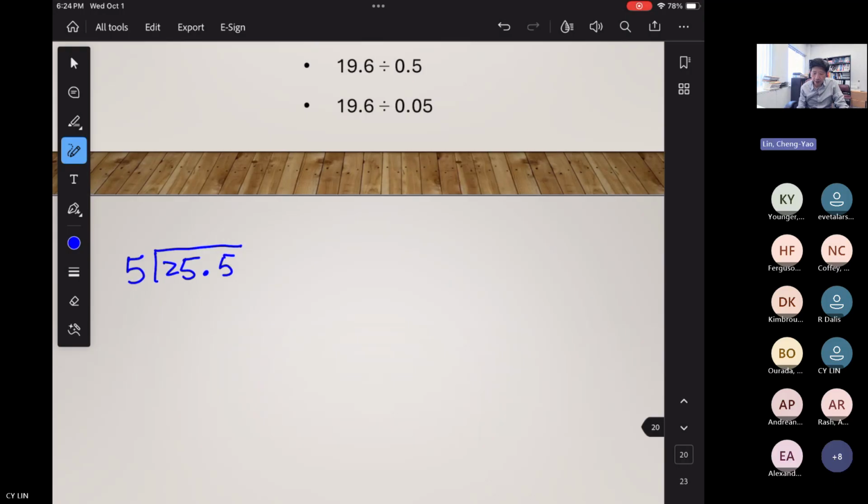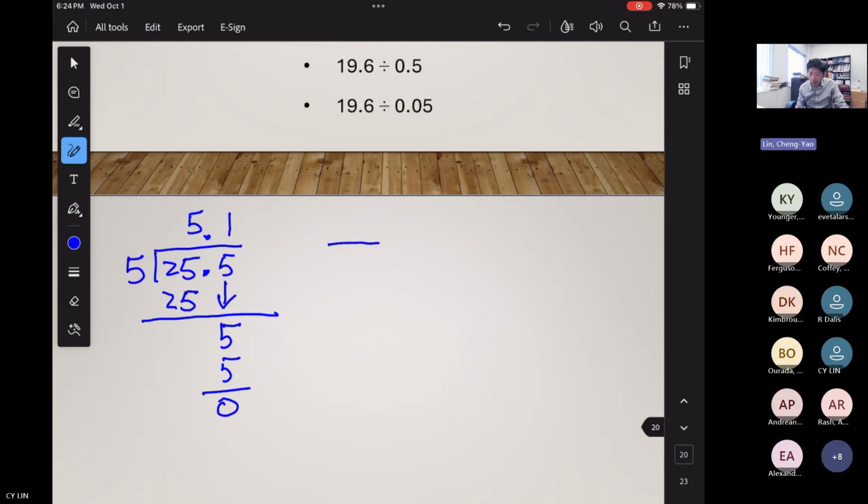I take 5 times 5 equals 25, and the decimal point goes right there. Then I move on to the 5 underneath. 5 times 1 is 5. So the answer is 5.1, okay?